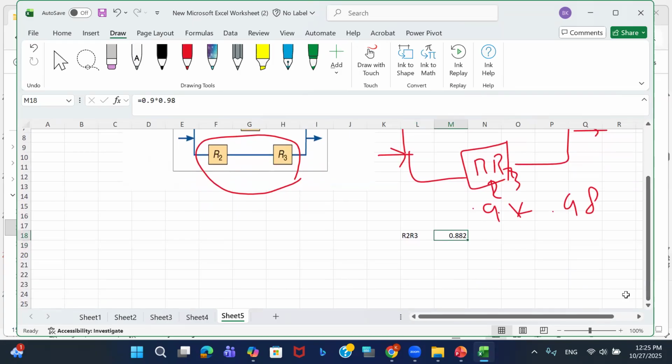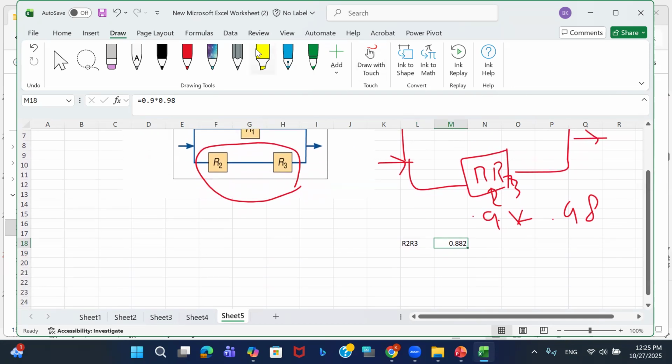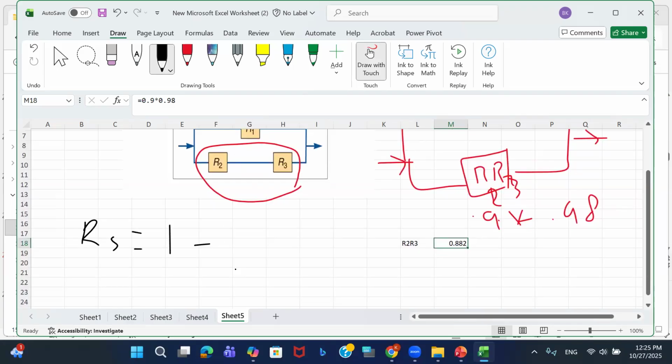So now the next step, I need to find the system reliability. So our system here, RS is equal to 1 minus R1 times 1 minus this 0.882.